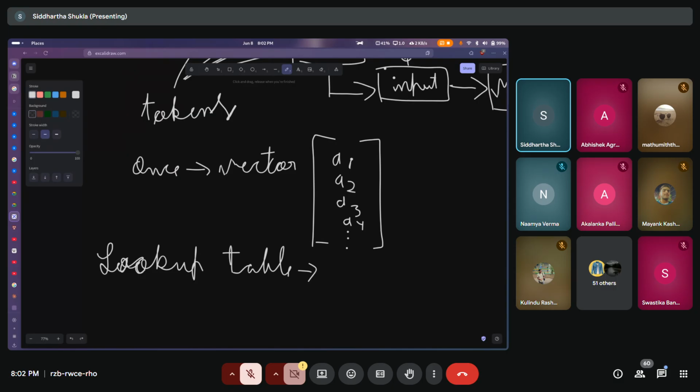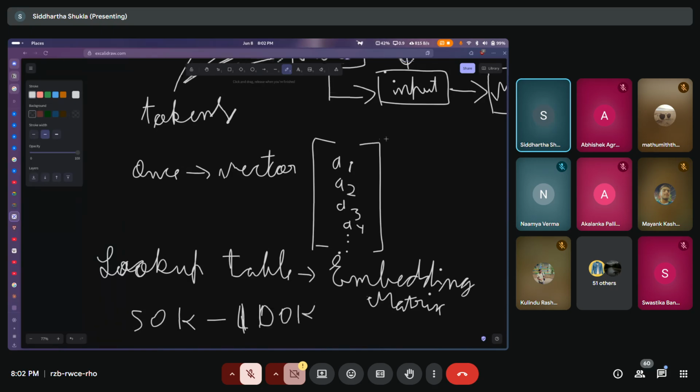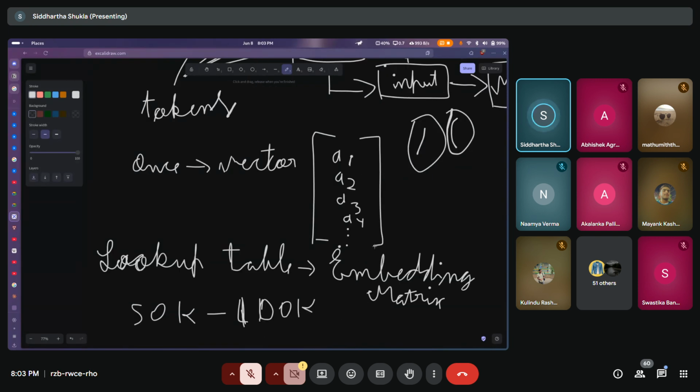For most large language models these days, the embedding matrix contains anywhere between 50K to 100,000 tokens. Even the comma, even a bracket, an individual comma and an opening bracket, these are all individual tokens, and they all have vector mappings inside of this embedding matrix.